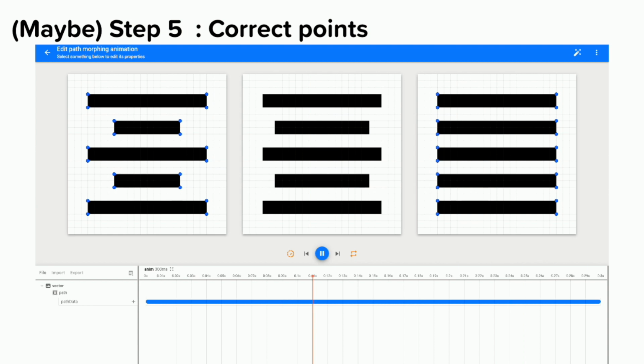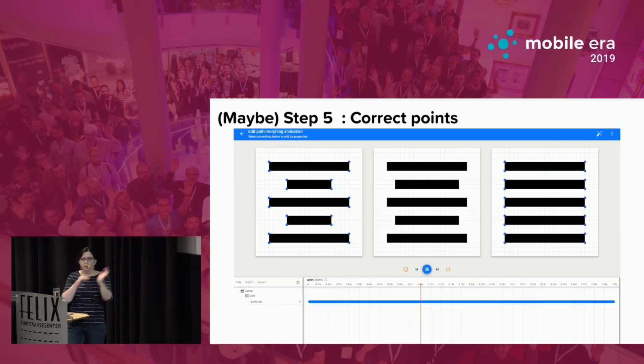Obviously, sometimes this doesn't work exactly because it doesn't really know exactly what you want to animate. I was lucky in this case in that it fixed it for me. But if it didn't, there's another tool on this UI that allows you to set where the points start and move the points around so that you can get that elongated effect.